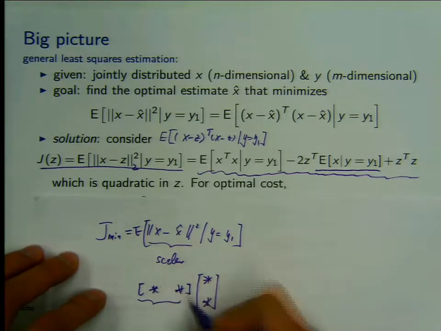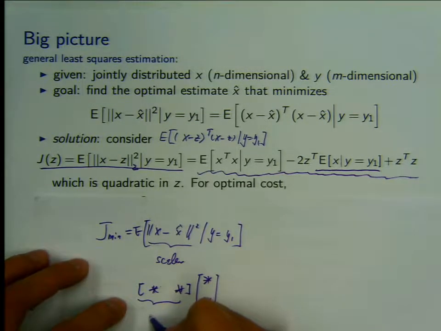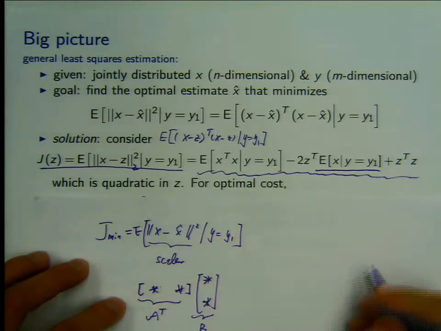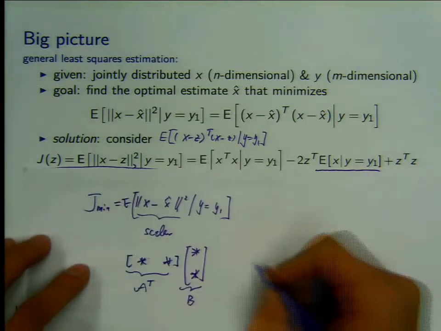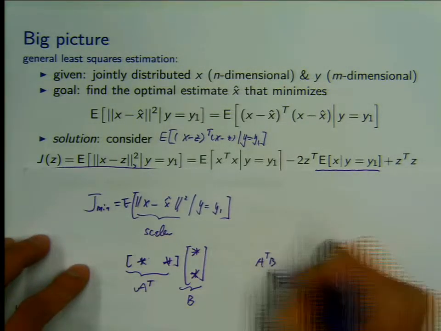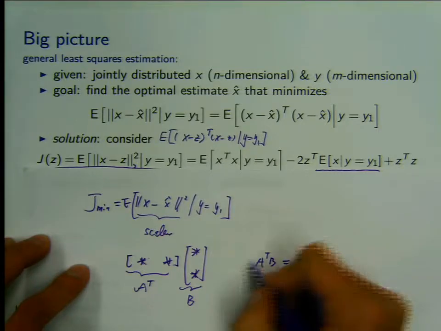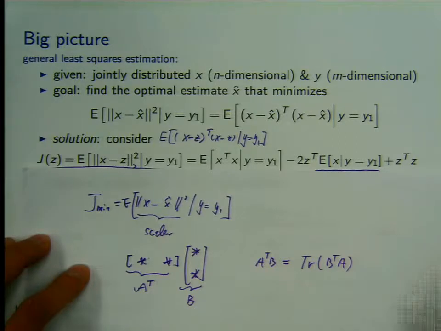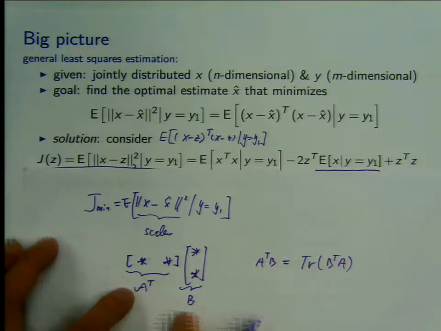If I denote this as B, A transpose, let's say, it's a fact that A transpose times B equals trace of B transpose times A. In this case, this is a scalar.